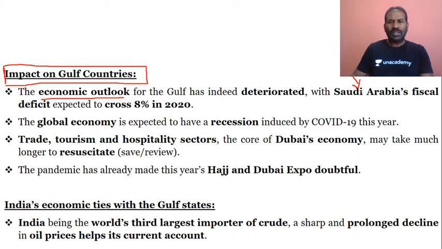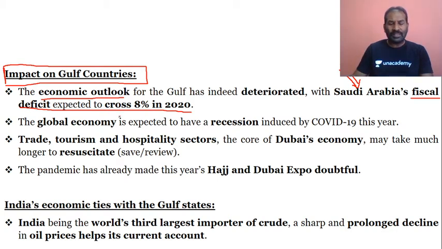But Saudi Arabia will definitely face an economic crisis, because Saudi Arabia's fiscal deficit is expected to cross 8% in 2020. That means because the production is high, they are not getting the amount of profits they should get when they sell the crude oil.